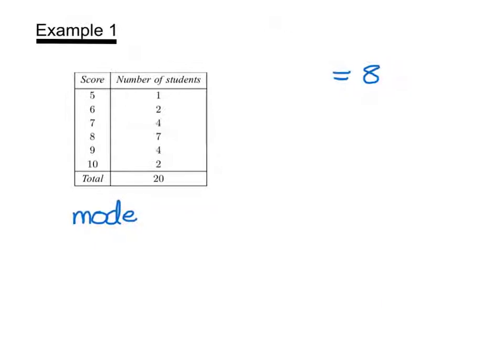And let's move these down here so we have room for our next measure of center, which is the mean. And remember, to find the mean, we want to add another column, which is the product column.